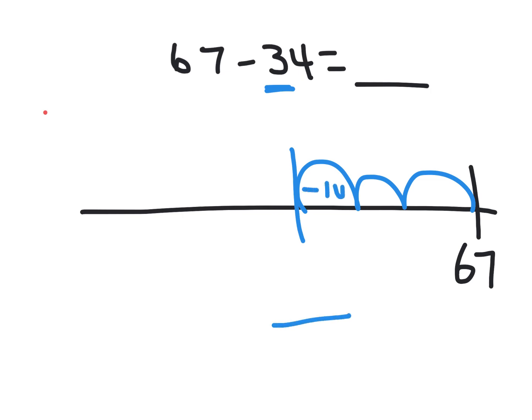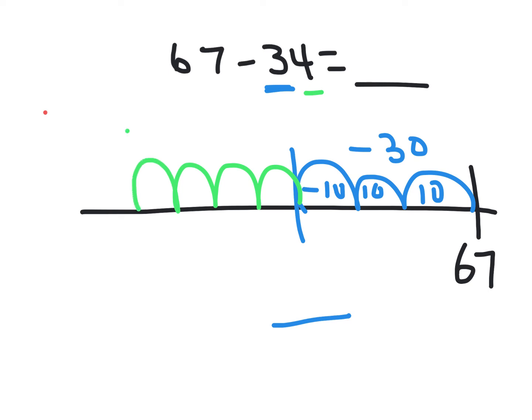Each one of these is going back by 10. Altogether, it's 30. Now we're going to jump back 4 ones. 1, 2, 3, 4. Sometimes I just put a take away 1 there and draw a little line like that, just to remind myself that those are ones.